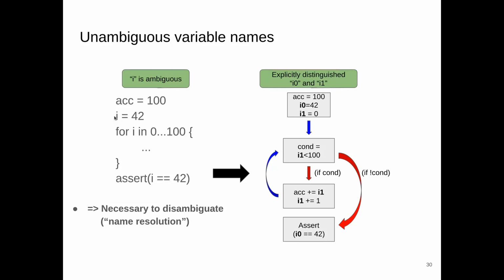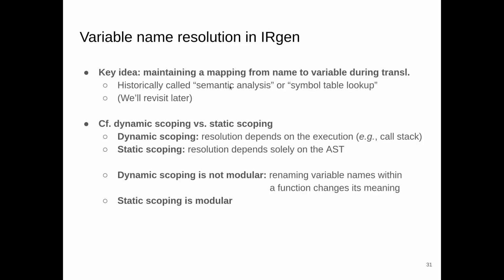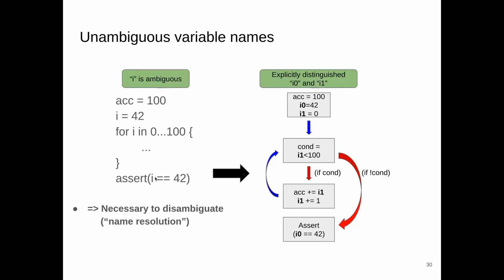So when you're translating this statement-based program, you are actively maintaining the variable mapping. I should be pointing to this variable, or I should be pointing to this original variable here. So you are actively maintaining this mapping, and using this mapping, you're going to rename the occurrences of this I into I1 or I0 correspondingly.